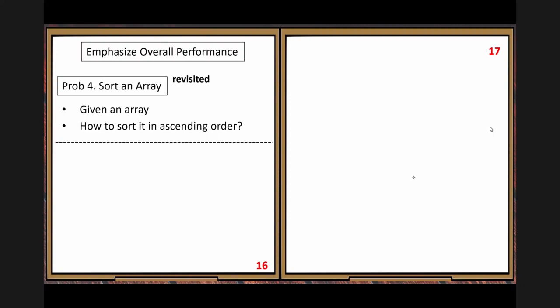So for the worst case, we want to do the most unbalanced split. That would correspond to the worst case. So what's the most unbalanced?